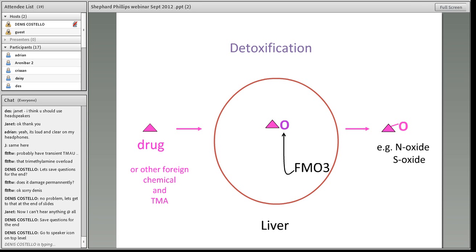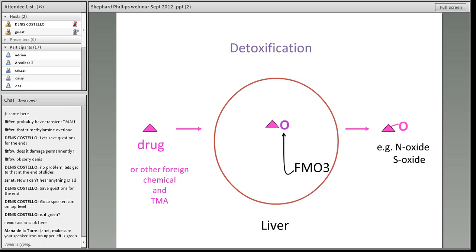But fortunately, we have enzymes like FMO3 which will add an oxygen onto a drug. And when that happens, the chemical of the drug can then start on its journey out of the body. And often, in the case of FMO substrates, they'll be excreted through the urine. So in this example, I've got the triangle with a little oxygen attached.